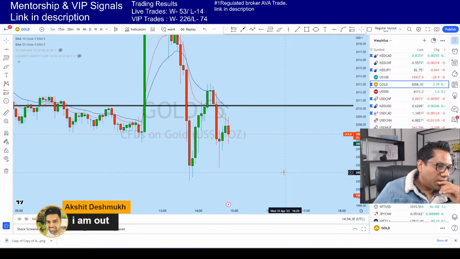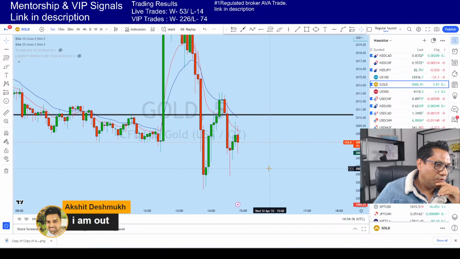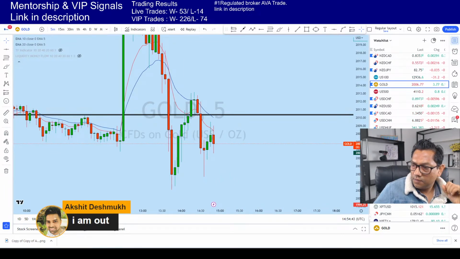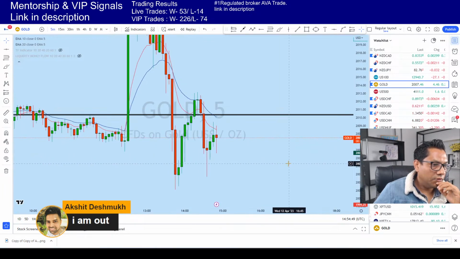This 5-minute candle is crucial. I wanted to see this one forming a very narrow doji so that we can see some bullish move. Okay, just forming.